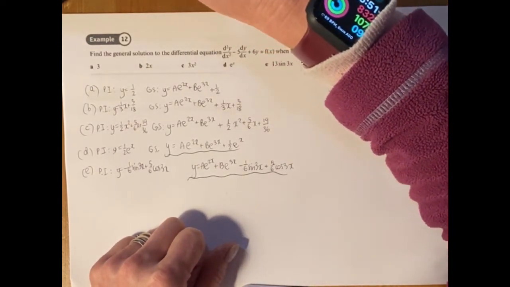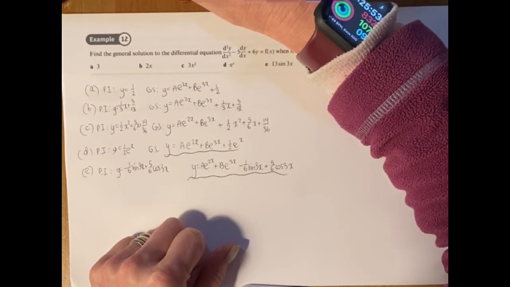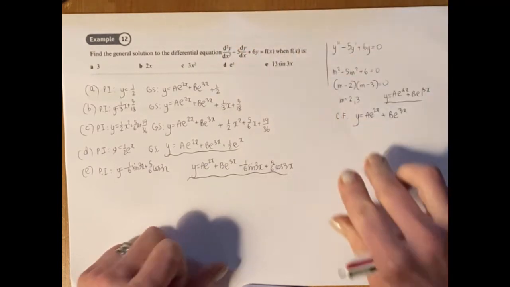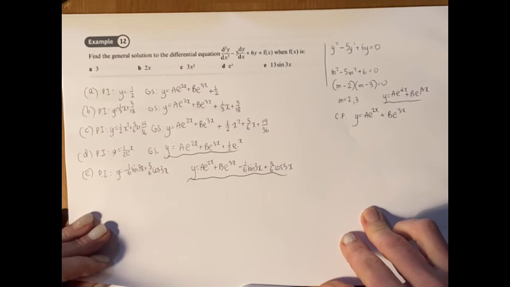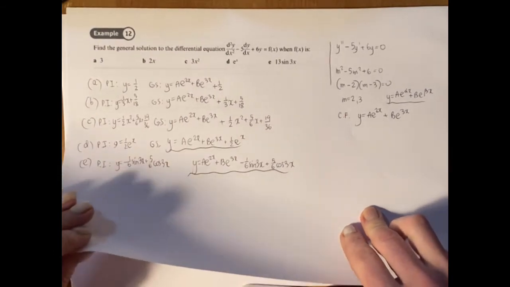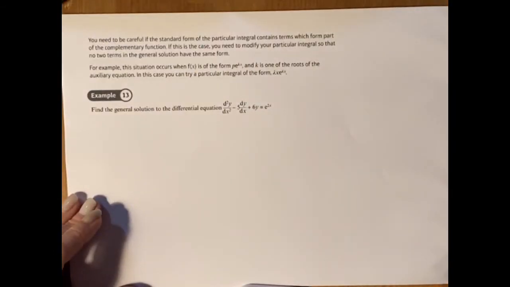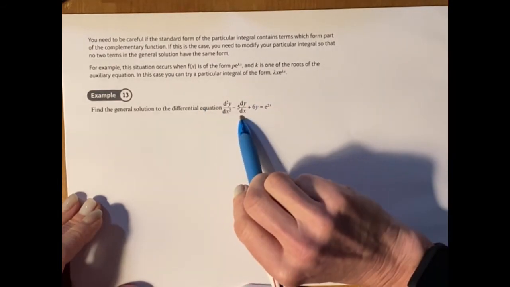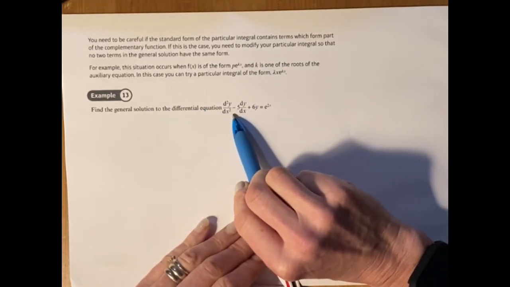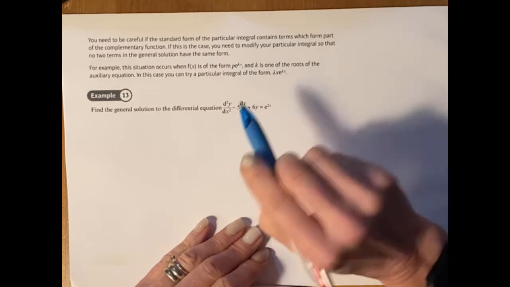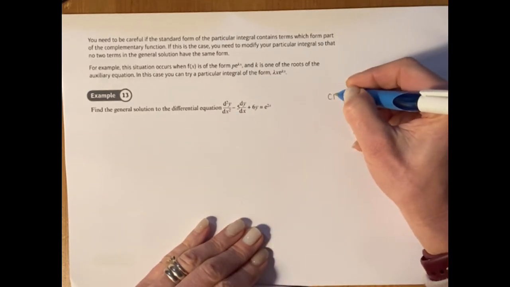Okay, so let's move on to example 13. In example 13, we're going to find the general solution of the following equation. It's exactly the same equation as before on the left hand side. So let's write the complementary function.